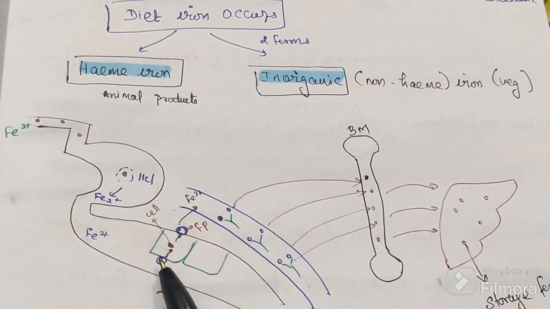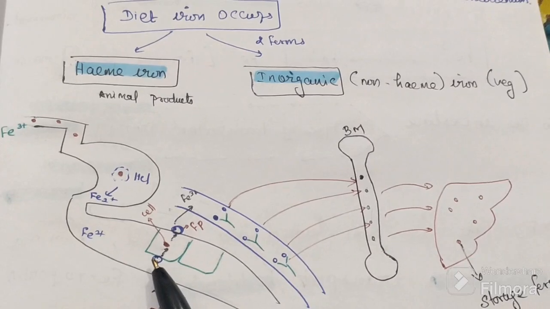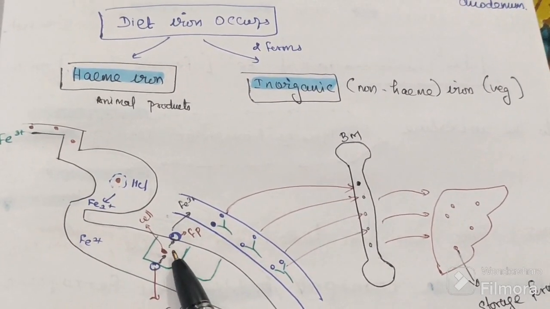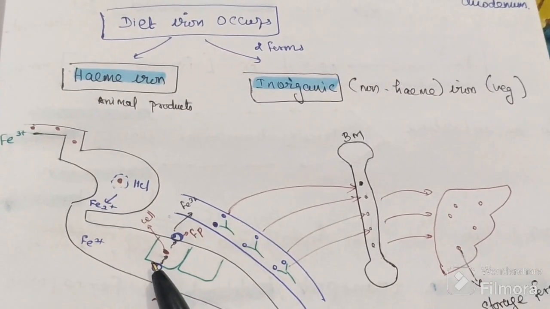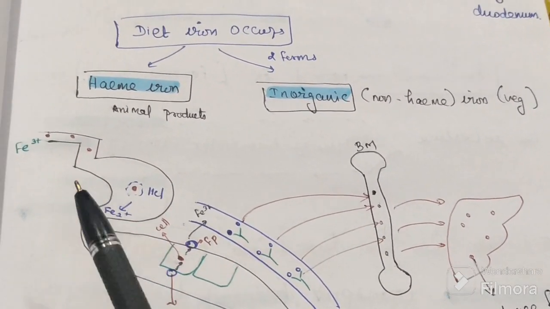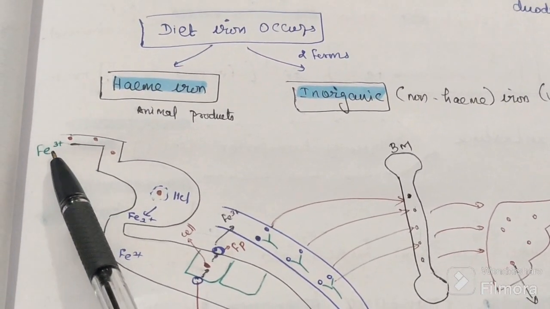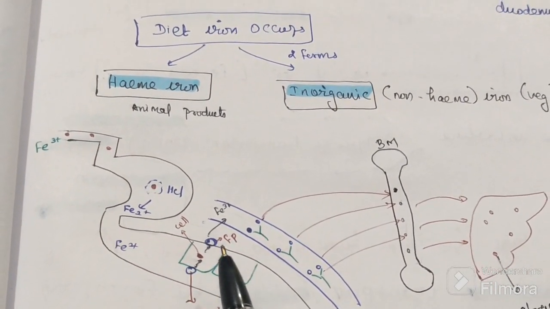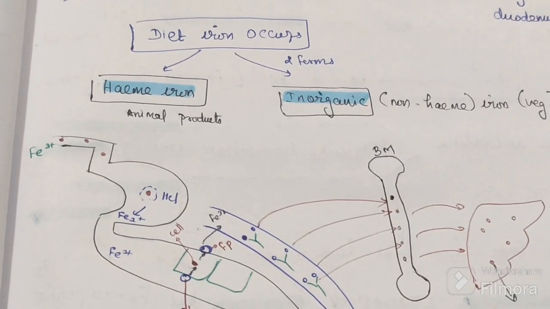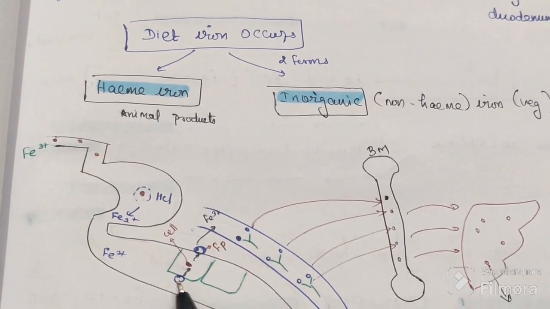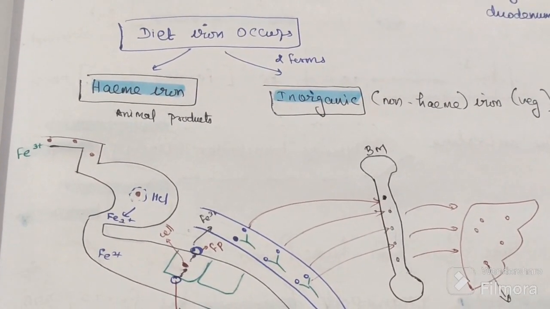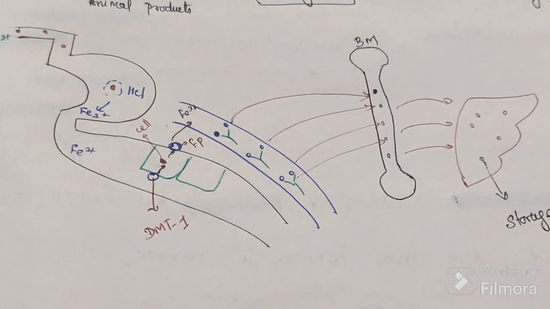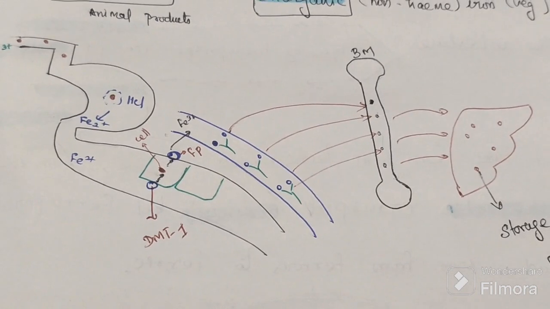But the problem is that the intestinal cells absorb only the divalent form. The iron comes as Fe3 plus, but only divalent 2 plus will be absorbed. So the intestinal cells absorb only divalent molecules, that is the ferrous form, Fe2 plus.